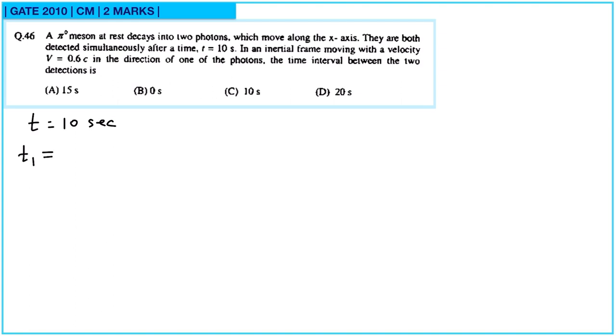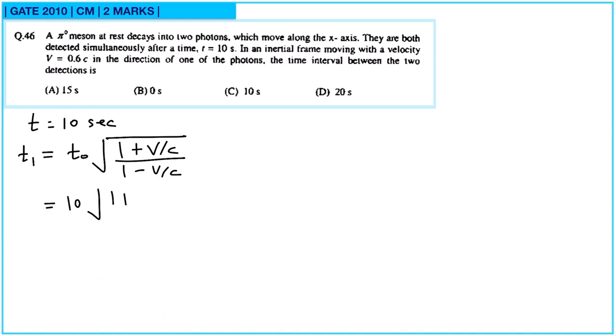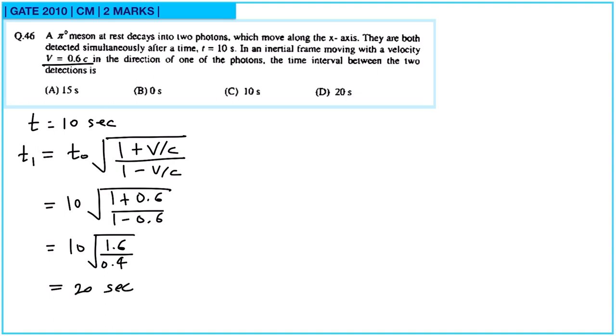So we want to find the time. t1 is equal to t naught times the square root of (1 plus v by c) upon (1 minus v by c). So this is equal to 10, with velocity 0.6 c, square root of (1 plus 0.6) upon (1 minus 0.6). So this is 10 times the square root of 1.6 upon 0.4, which is 4, and square root of 4 is 2. So this is 20 seconds.